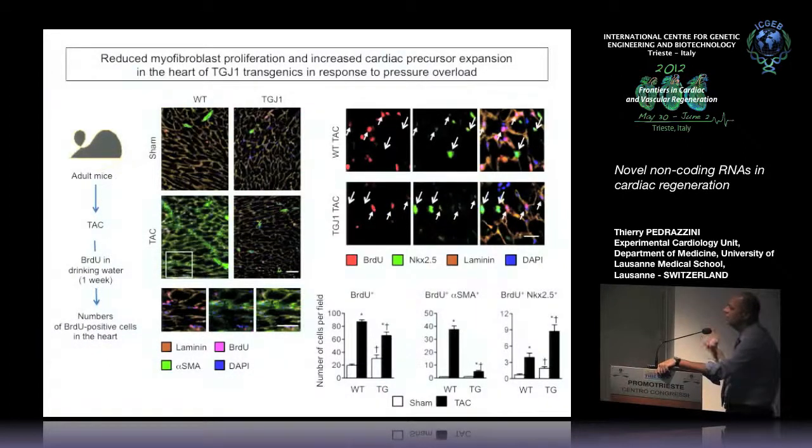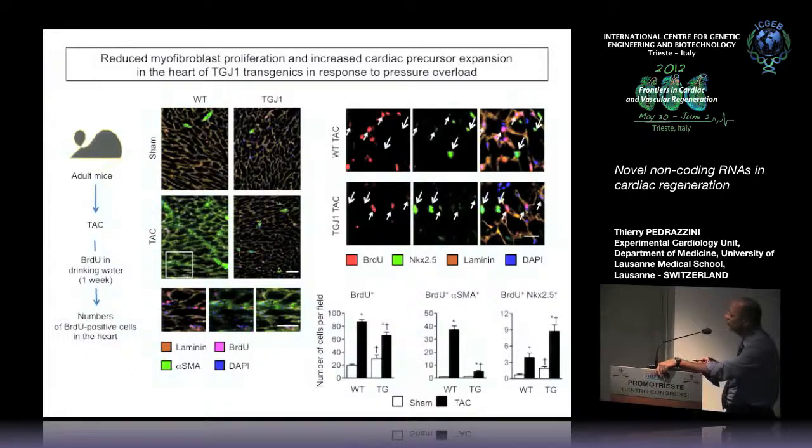Now, this is the key experiment. What is happening in the adult animals when you stress the heart? So we use the transaortic constriction model here, and at the same time we administered BrdU and observe what are the cells that proliferate under this condition.